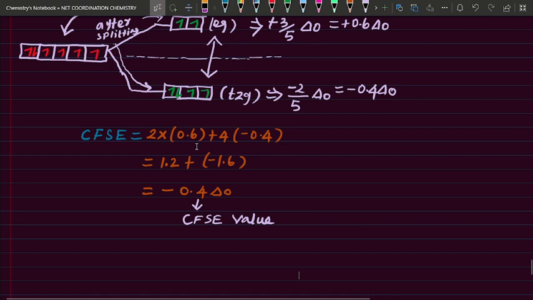Here 2 into 0.6 plus 4 into minus 0.4. So we get 1.2 plus minus 1.6. So finally we get minus 0.4 delta O. This is the crystal field stabilization energy for this complex.